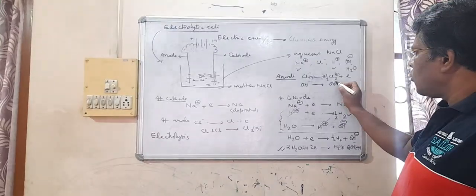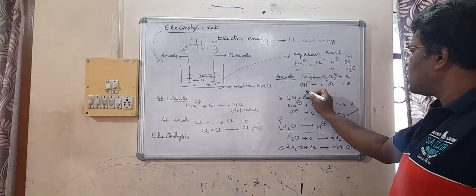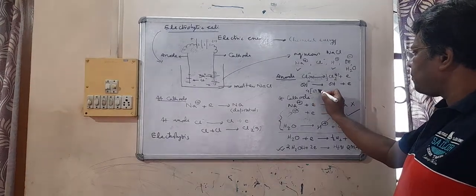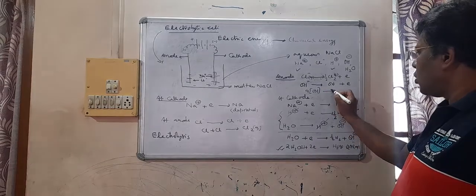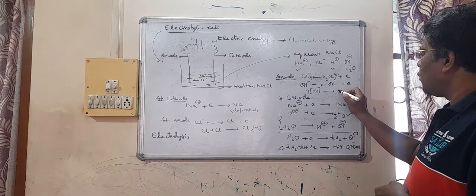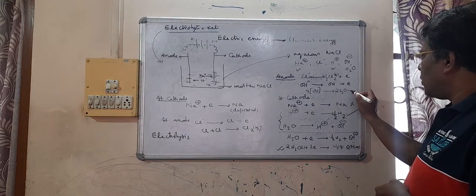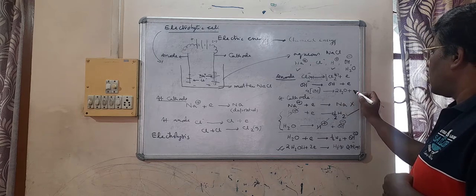This OH also does not exist freely, so 4 OH combine together and form 2 water plus O2.